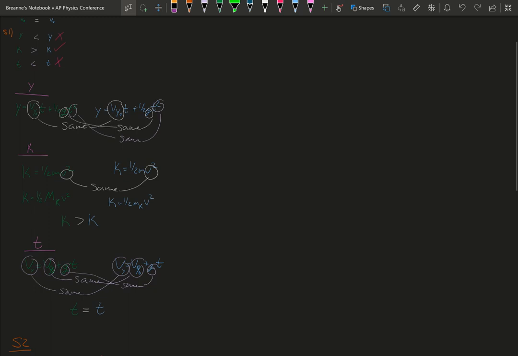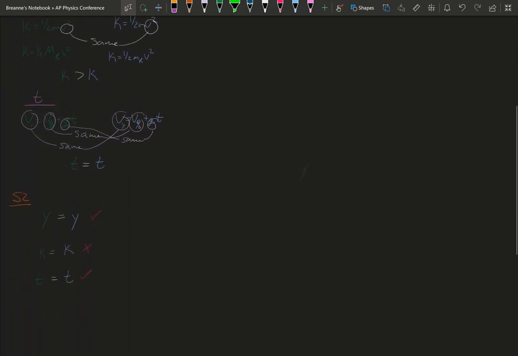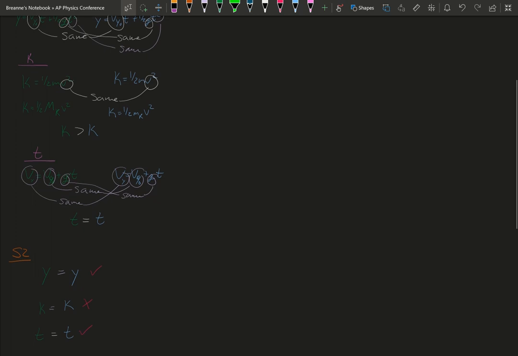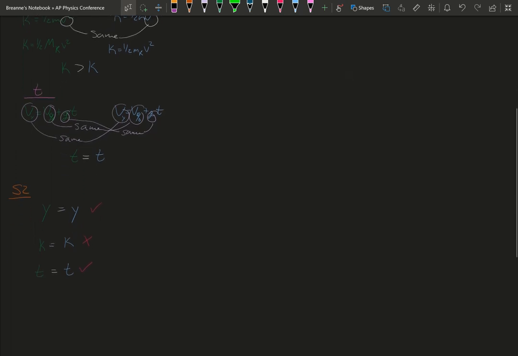Part III states which aspect of student 2's reasoning, if any, were correct. Well, their reasoning for height and time were correct. Again, you give your little explanations with the equations. And then which aspects of student 2's reasoning, if any, were incorrect, would be the kinetic energy. And again, you can give the equations and how mass affects it.